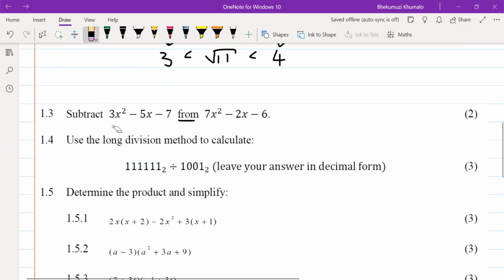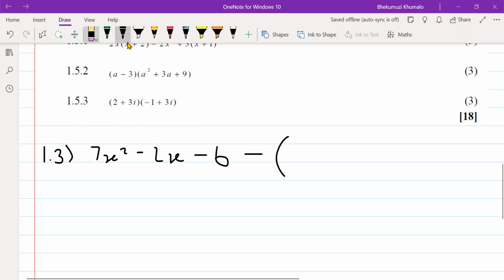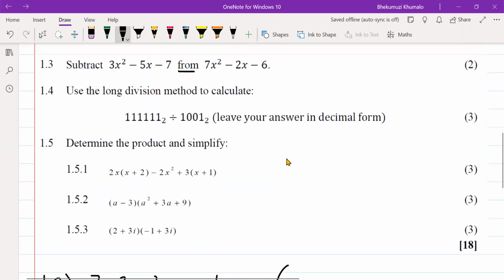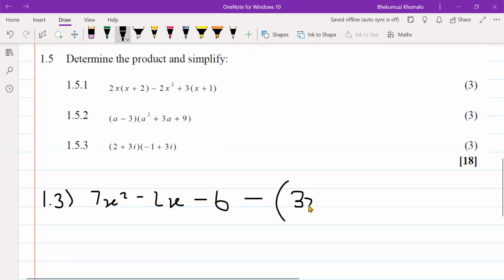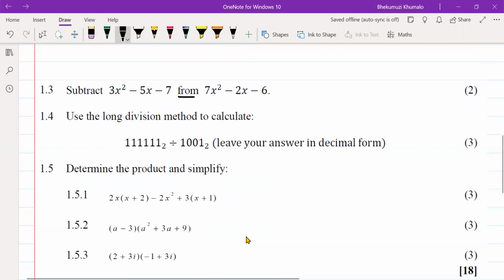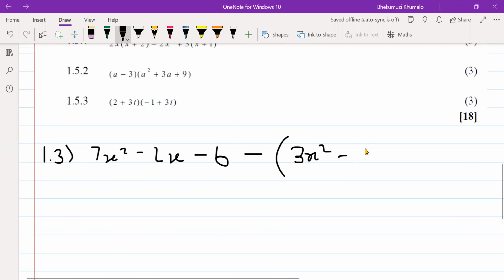So they're taking out 3x squared from 7x squared minus 2x minus 6. So that's why I put it in brackets. So it's 3x squared, then it's minus 5x, then it's minus 7. Okay. So there we have it, right? And so now we need to just simplify.